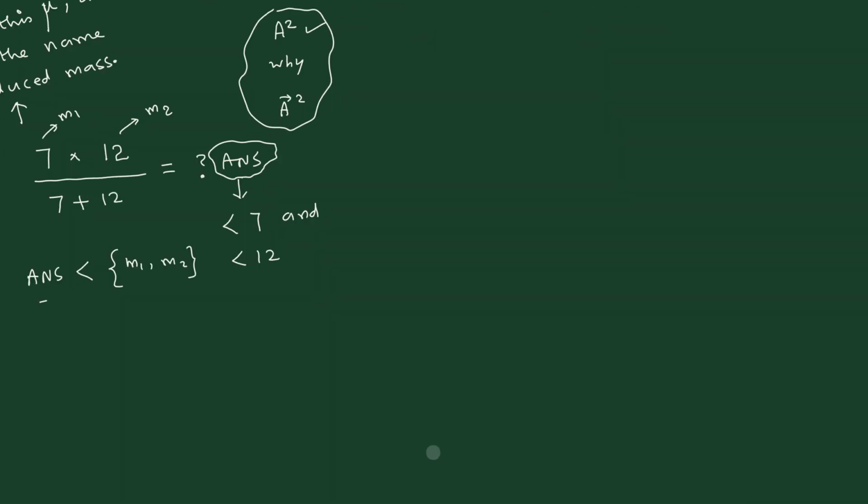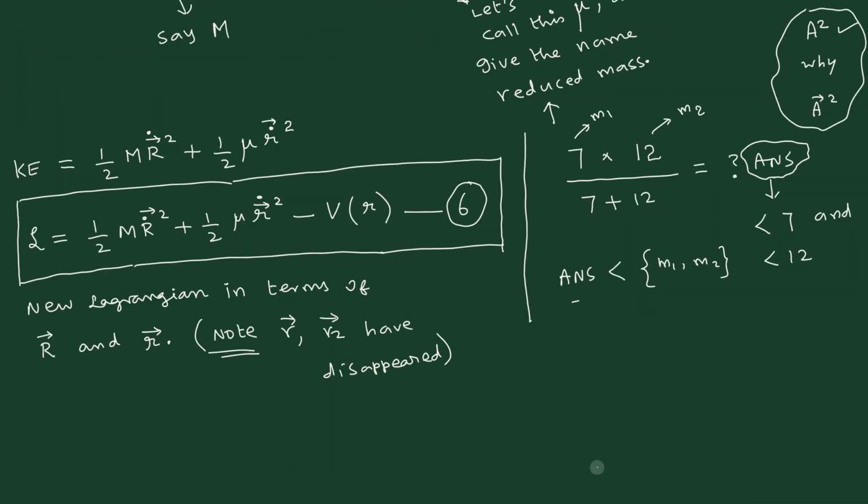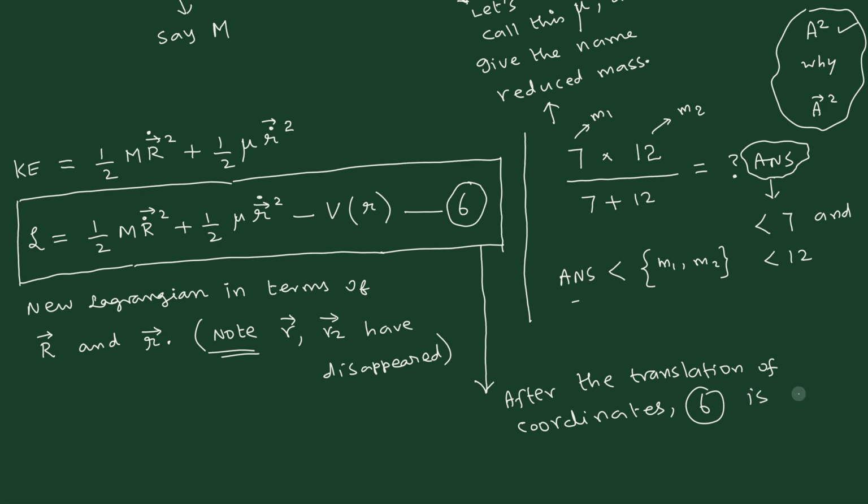So therefore, we will now write this down at the end. Equation number 6, I will write this one: after the translation of coordinates, equation number 6 is a 3 degrees of freedom problem.